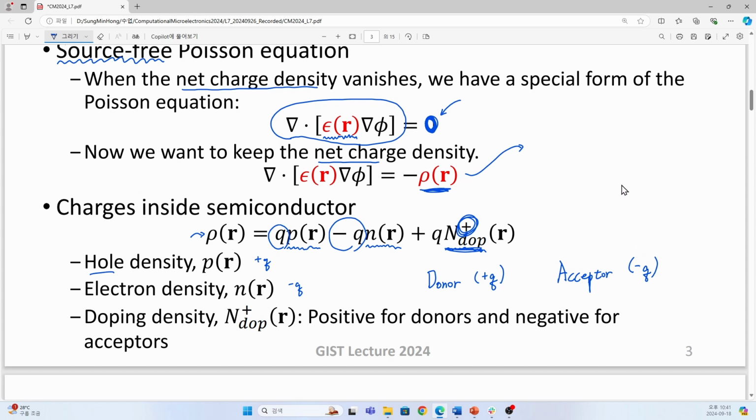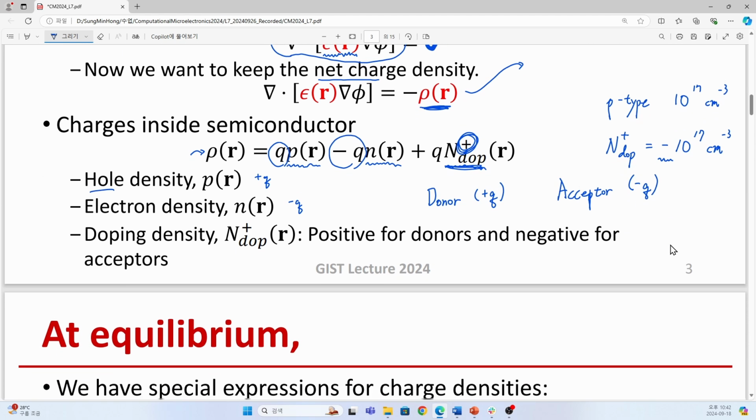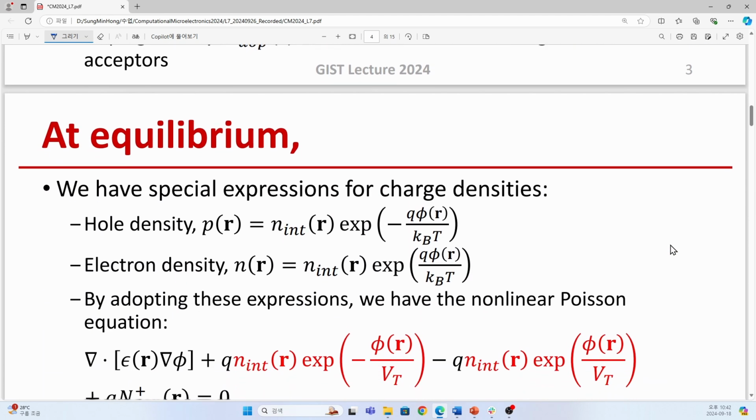Simply speaking, if we have a p-type doping density of 10 to the 17 per cubic centimeter, in this notation we say the doping density is equal to minus 10 to the 17 per cubic centimeter. This minus sign just represents that this is a p-type doped region. Okay, so it's not that difficult to understand.